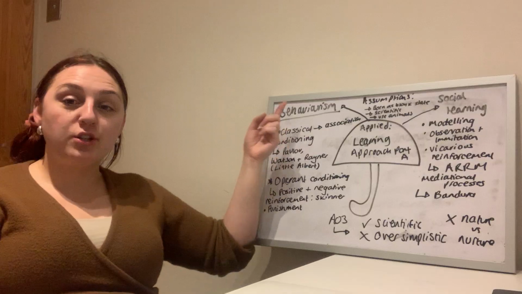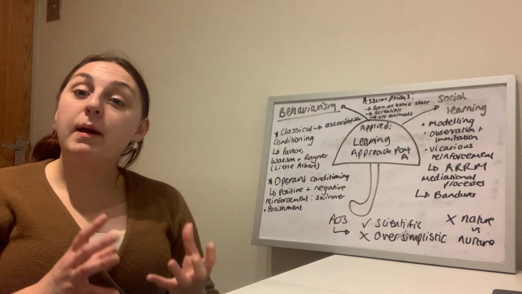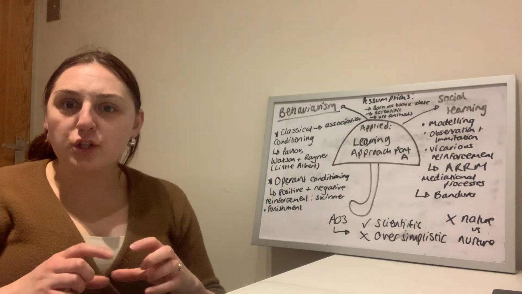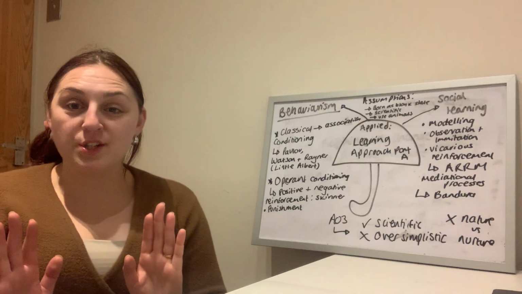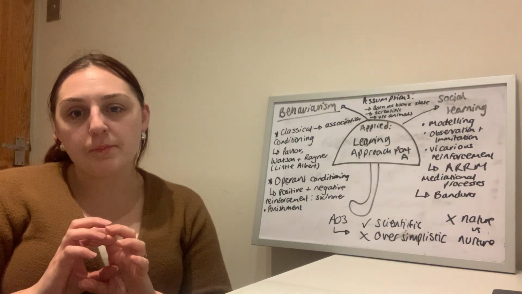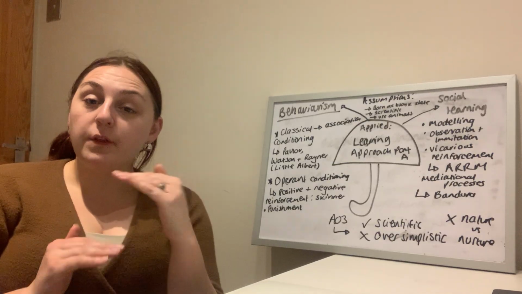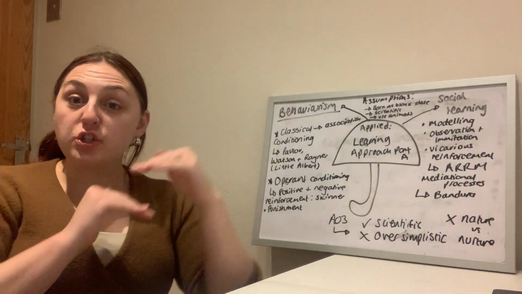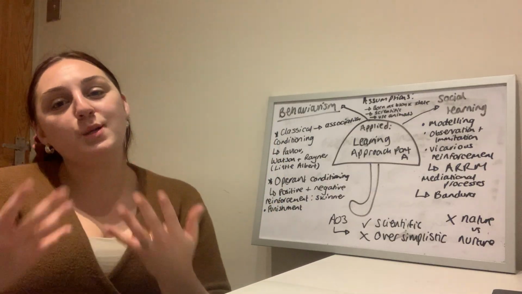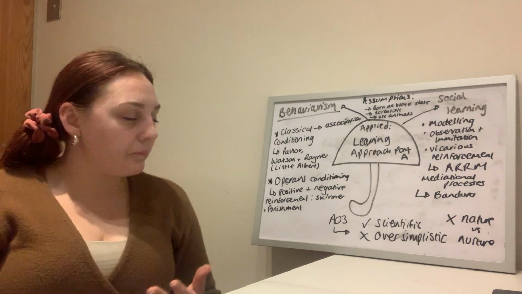Equally, if the question specifically asks you to evaluate behaviorism, I would make sure that I used either Pavlov or Watson and Rayner as my example. So the point stays the same. The only bit that changes is which study you use as your example, depending on the wording of the question.